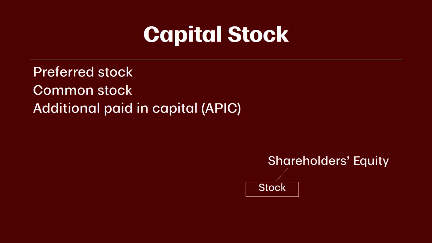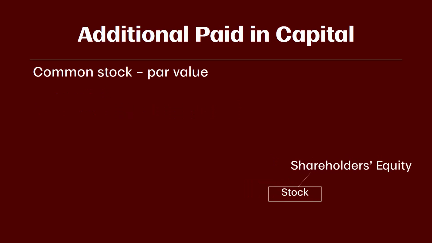An important concept related to stock is additional paid-in capital, also abbreviated APIC. Let's get a little deeper into that concept. Stock is originally issued at par value. Par value is an arbitrary amount that is just established for tax purposes. It basically helps us identify the number of shares outstanding.